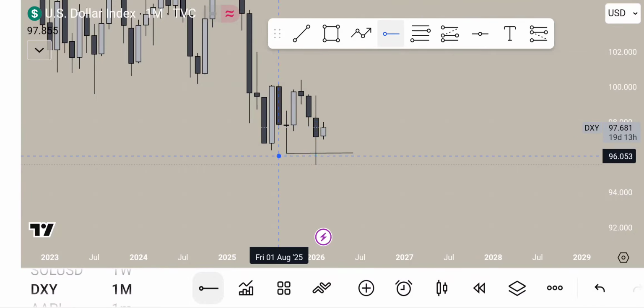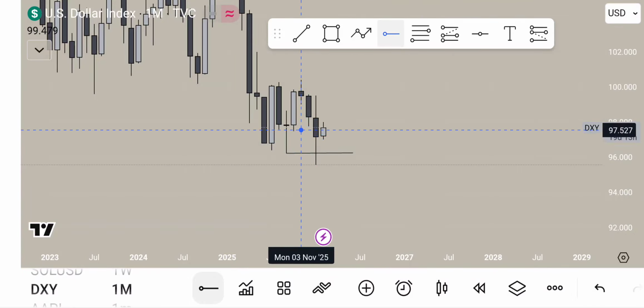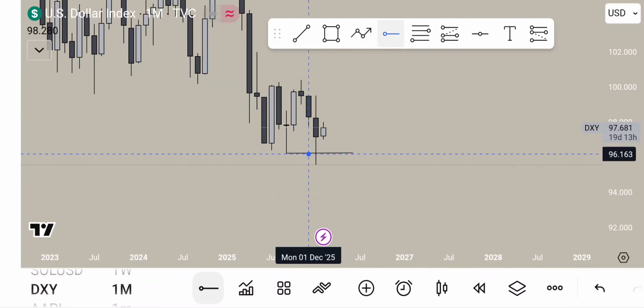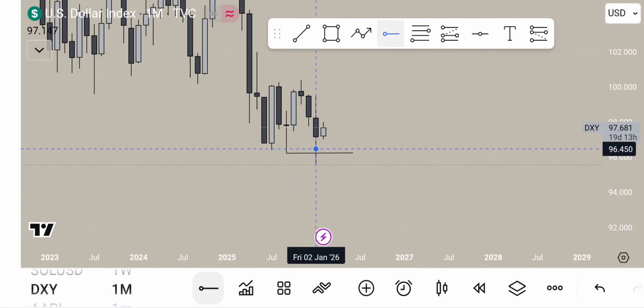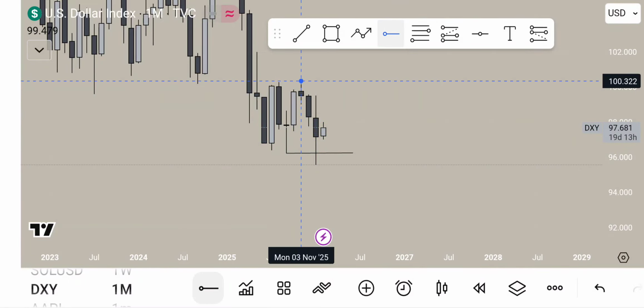Normally in the monthly time frame, this is a liquidity sweep, which means that the buy side liquidity has been swept.